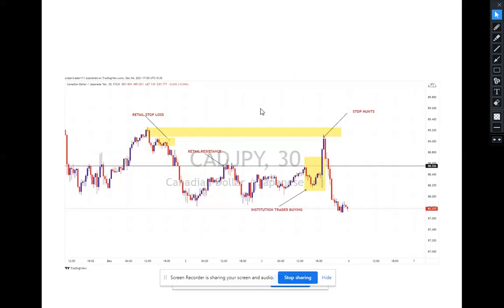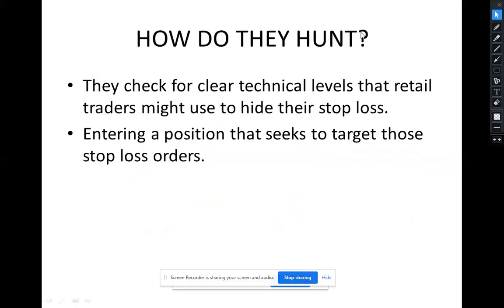This is an example of how institutional traders manipulate the market. What they do is go through the chart, looking for possible targets. How do they hunt? They check for clear technical levels.